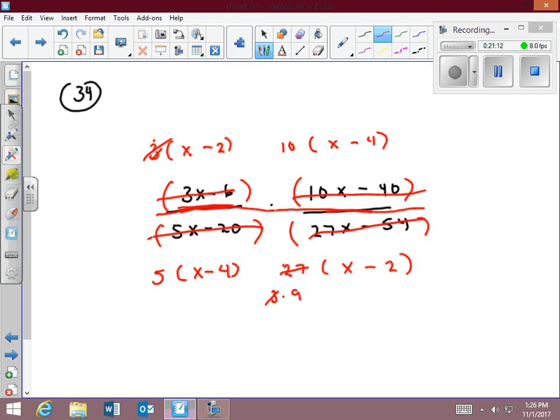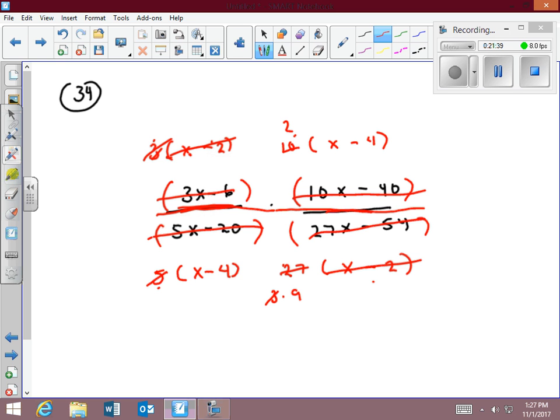Because they're multiplicative inverses. Now I look at my x minus 2. You notice I have an x minus 2 down here. Those are multiplicative inverses. When you put them over top of each other, they become 1. So you cancel. Now you look at the 10. What goes with the 10? Well, the 5, right? The 10 is 2 times 5.